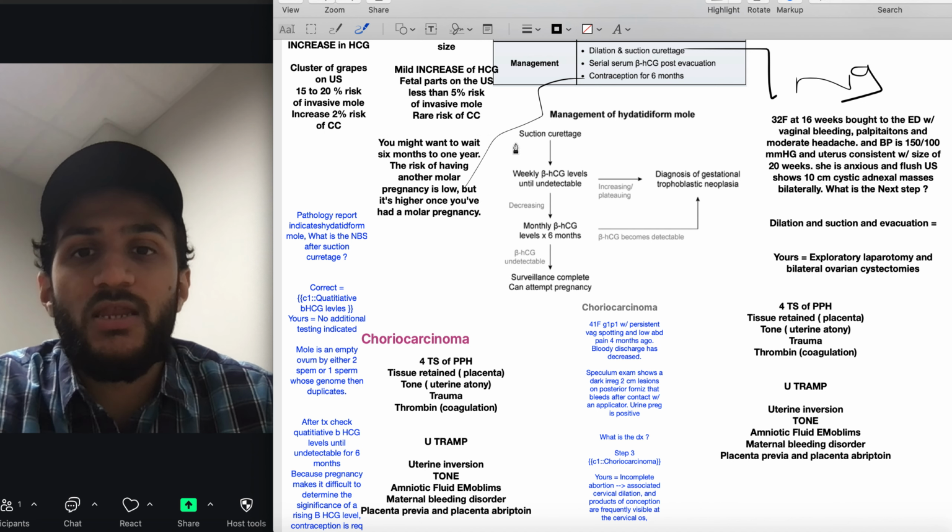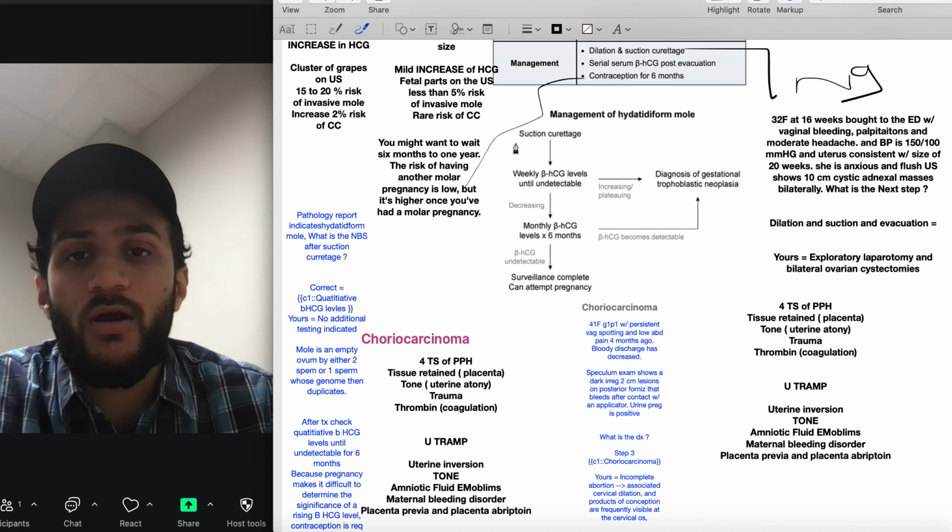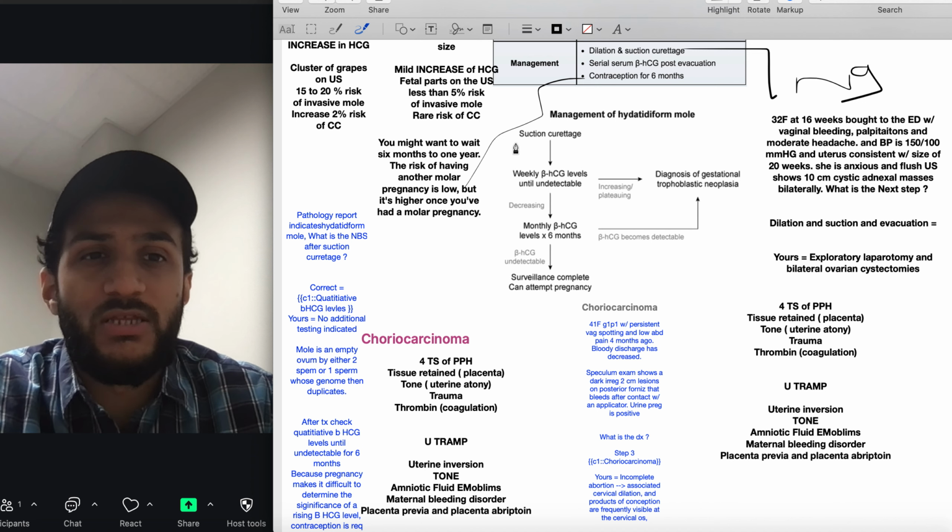The risk of having another molar pregnancy is low, but it's higher once you have had a molar pregnancy. So you might want to wait 6 months to a year. So you want to chill out for a moment.